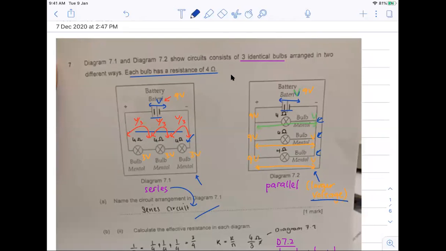Then this is the voltage. What about the current? What's interesting about the parallel circuit is that if the bulbs are connected in parallel, the battery will actually supply much more current. For the series circuit, the battery will output a certain amount of current, and the current will have to go through all the bulbs, the same amount.